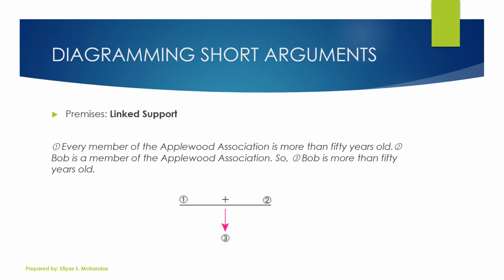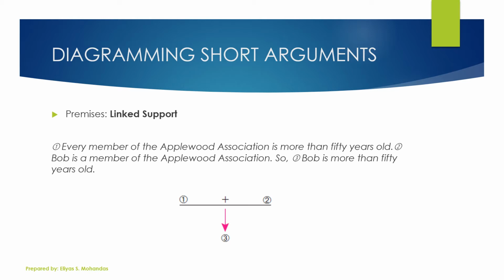As you can see here, after the word so, the statement Bob is more than 50 years old is basically the conclusion. You have numbered all the statements, and statement number three is the conclusion. Then you have statement number one, every member of the Applewood Association is more than 50 years old, and statement number two, Bob is a member of the Applewood Association.